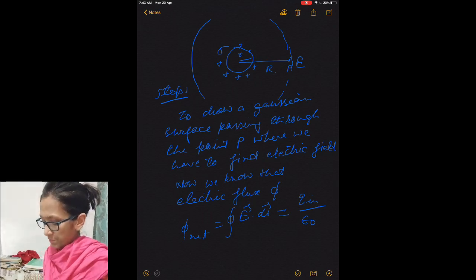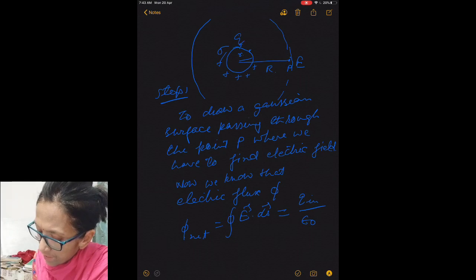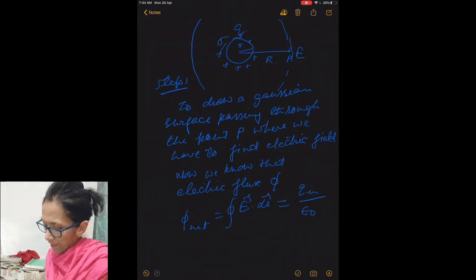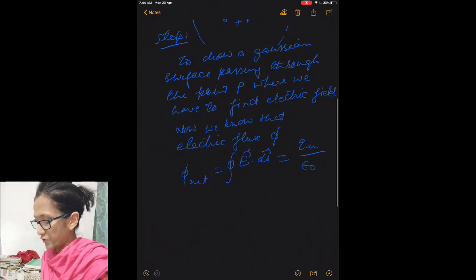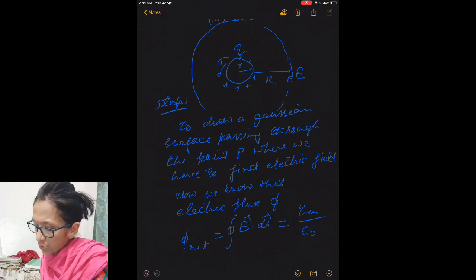Here the sphere has Q charge, with surface charge density sigma. So you can write it in terms of charge also.